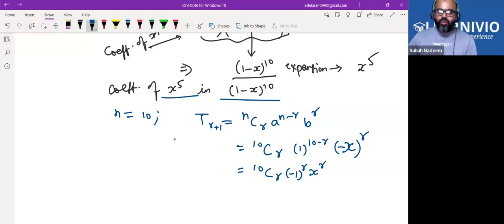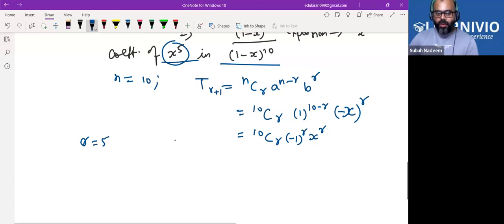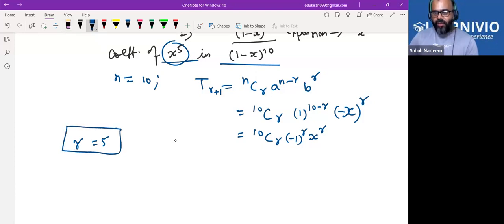Now we want x to the power 5. So if we want x to the power 5, we have to put r equal to 5. Right? Yes, sir.